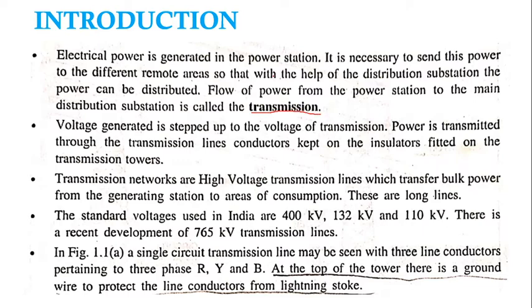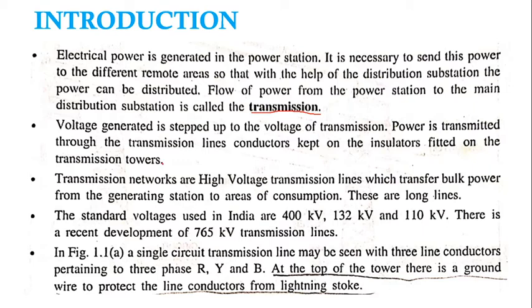So the transmission of power from the generating station to the distribution center is called a transmission line. The voltage generated is stepped up to the voltage of transmission. Then the power is transmitted through the transmission line conductors kept on the insulators fitted on the transmission tower.